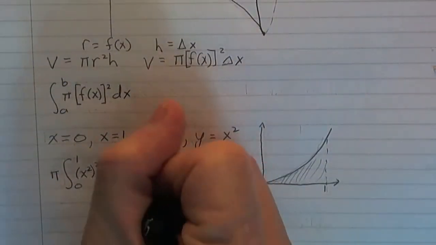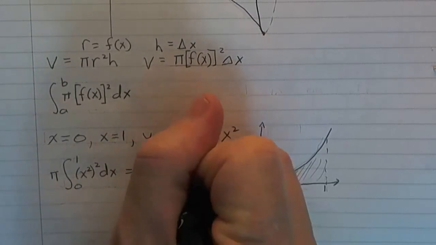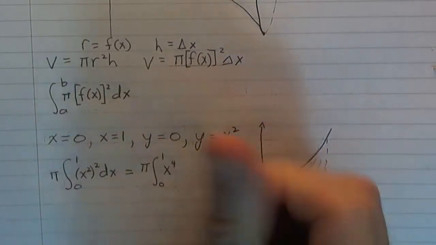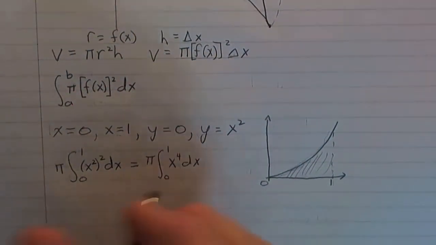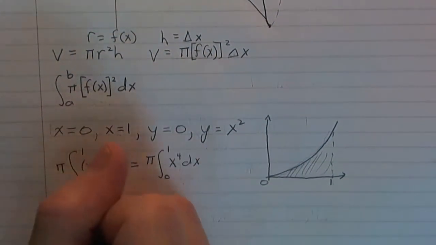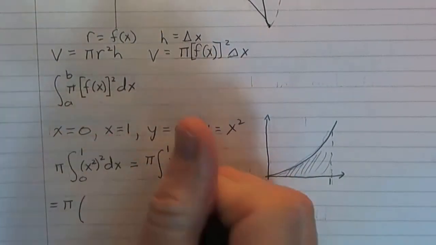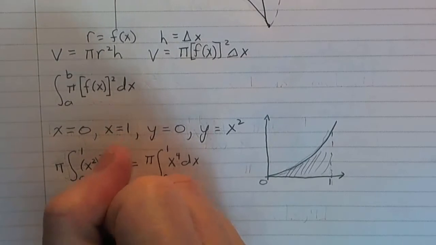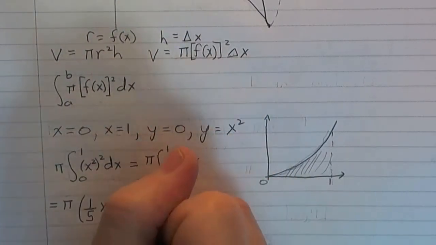So now it's just a matter of integrating. We've got the integral from 0 to 1 of x to the 4th dx, and then we've got pi. Use the power rule for integration, and we've got 1/5 x to the 5th from 0 to 1.